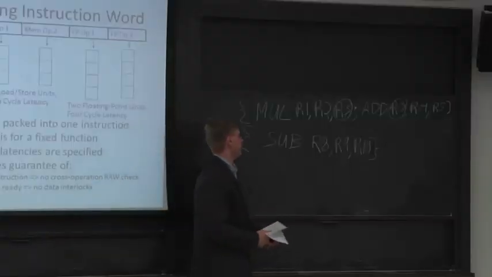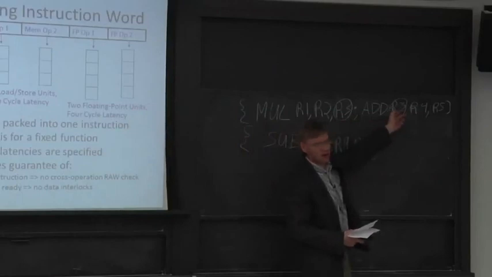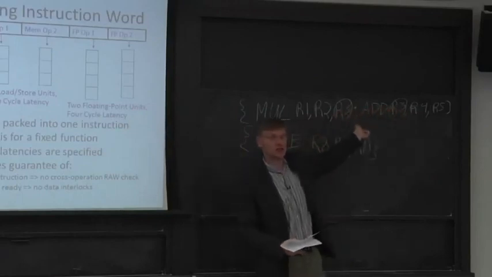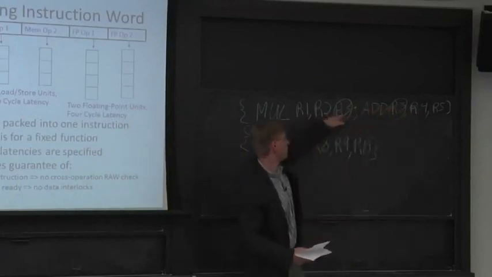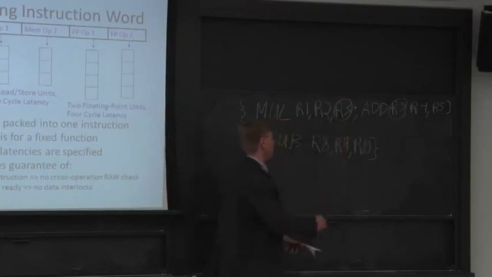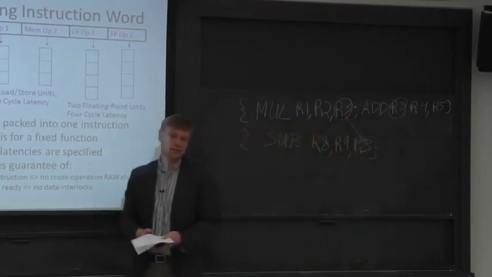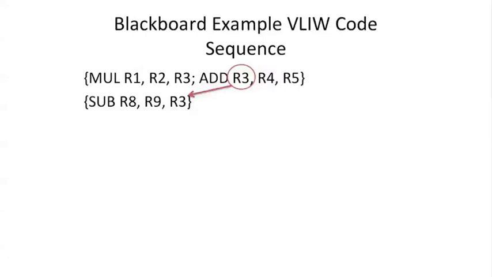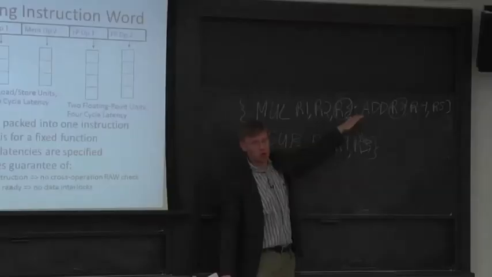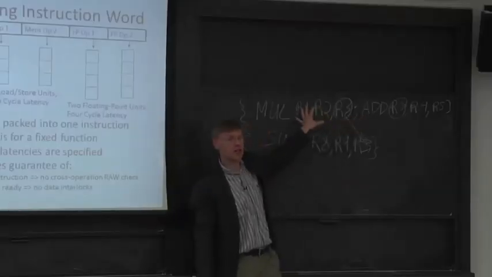So just because this reads R3 and this writes R3, they're not dependent on each other. The subsequent instruction is dependent on R3. But within one bundle, it doesn't actually matter. So the semantics of the instruction set are that everything within one instruction, everything within one bundle, is parallel with each other. And there's no dependency checking.